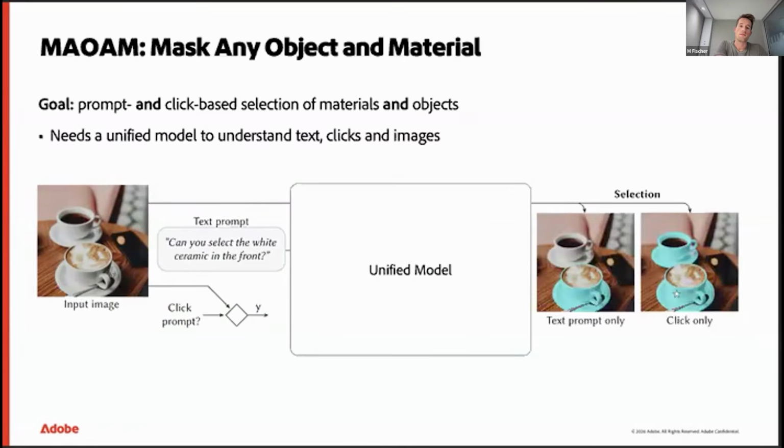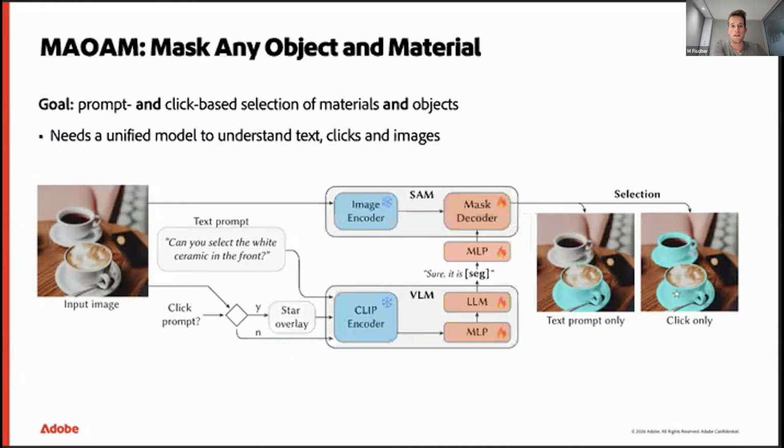And if you pair it with a decoder, it can output a selection mask. For example, here, if you click on the ceramic, it would give you the entire ceramic in the image, which is both cups. But if you specify which one you want by saying, can you select the white ceramic in the front? It's going to give you just the front part.